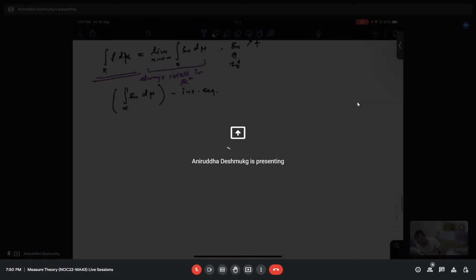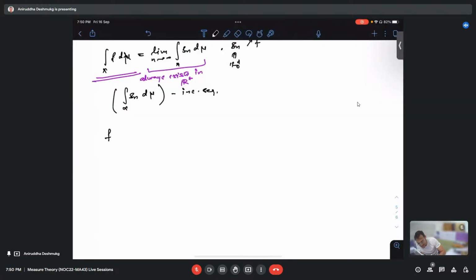See, f and g are non-negative measurable functions. That is all that is given, right? It is not given that f and g are L1 functions. L1 means they're mu integrable. I'm still a little confused with L1 and L plus. L plus means that they are just measurable; we are not talking about their integrability.